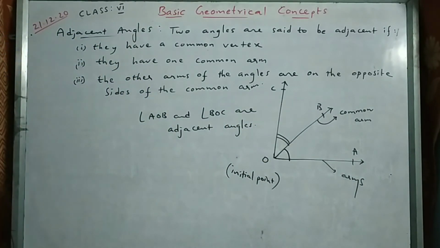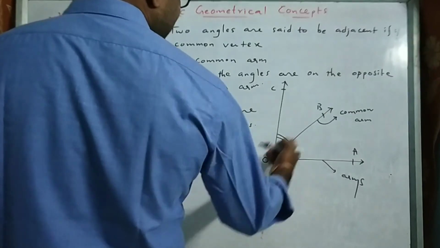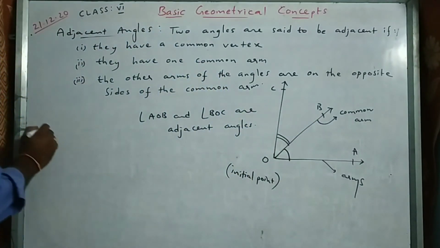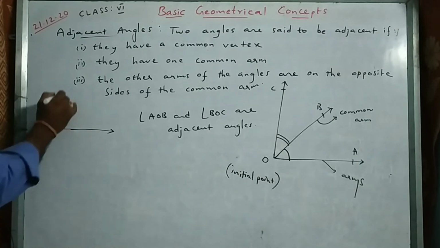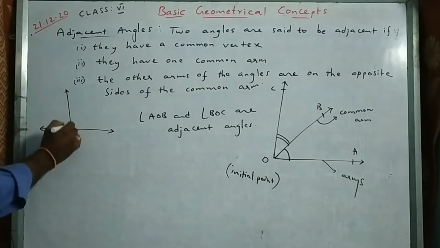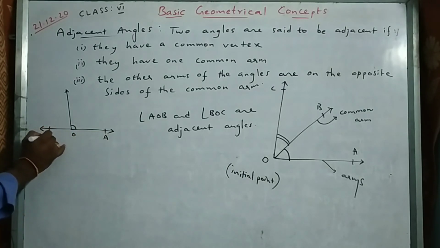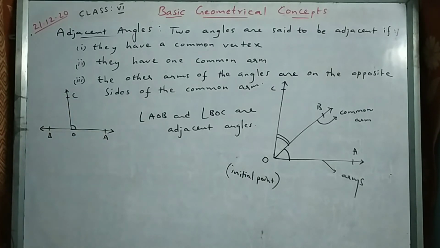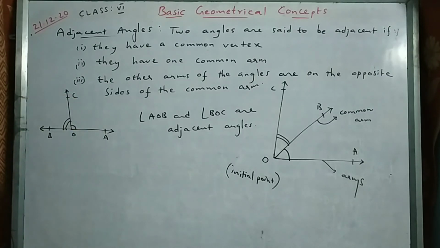Adjacent angles means they should have common vertex O and they should have one common arm also. You can take like this example also. See this one. OC is common arm and AOC and BOC are adjacent angles, right?